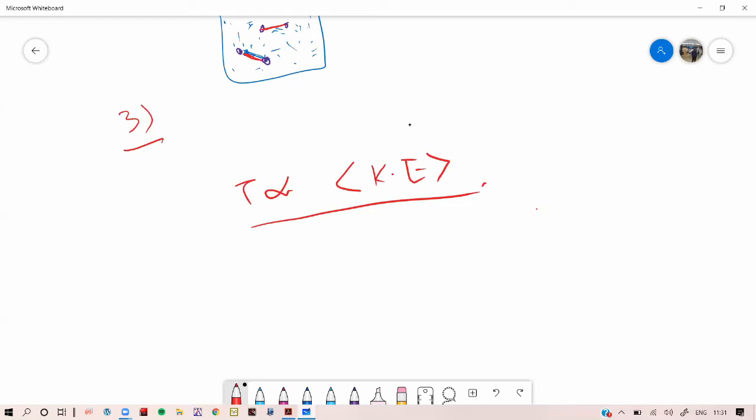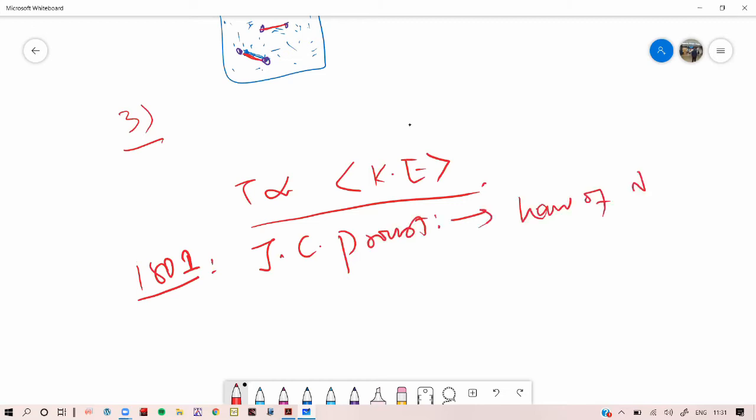Along with this kinetic theory of gases, there were other laws in chemistry. For example, there was one law in 1801, coined by J.L. Proust, called the law of definite proportions.